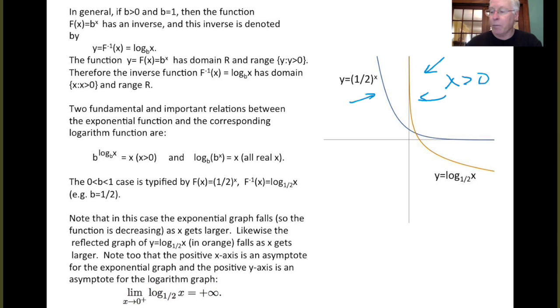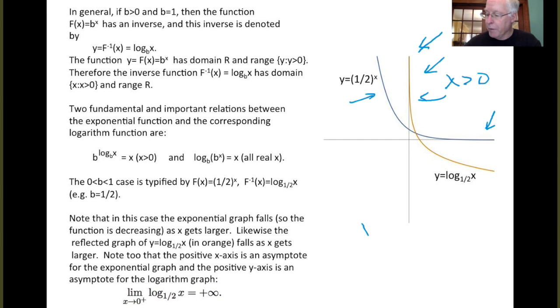And again, we note what happens to asymptotes. The asymptote in the positive infinity direction here reflects into a vertical asymptote for the logarithm function. Now the logarithm heads off to plus infinity as x approaches 0 from the positive side.